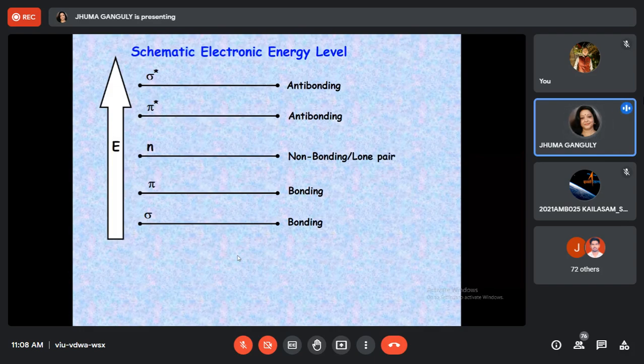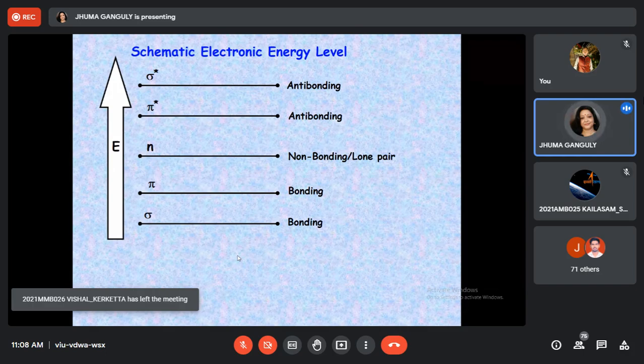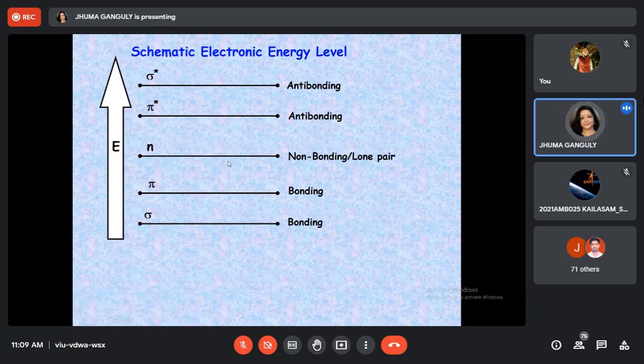After that, the pi bonding is labile, so they can shift. Then the non-bonding electron pair is always filled by two non-bonding electrons. Up to this level is the room temperature level, and the molecule is stable with its sigma bond, pi bond, and non-bonding electrons.